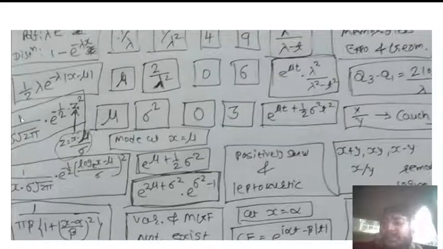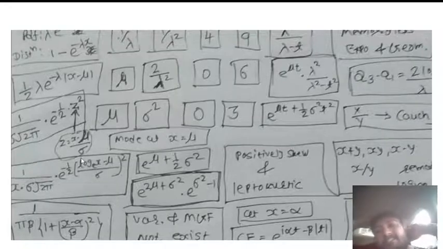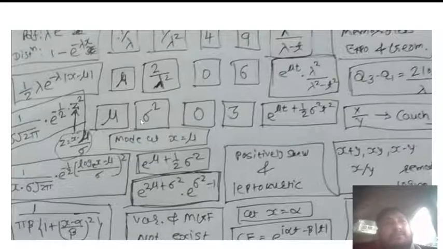The distribution function of the normal distribution is 1 upon sigma under root 2 pi into e raised to minus 1 half into z square. Now what is z? Z is equal to x minus mu upon sigma. If you are a student of statistics, you know how to standardize a normal distribution into the standardized normal distribution by moving its variable x and mu into z.